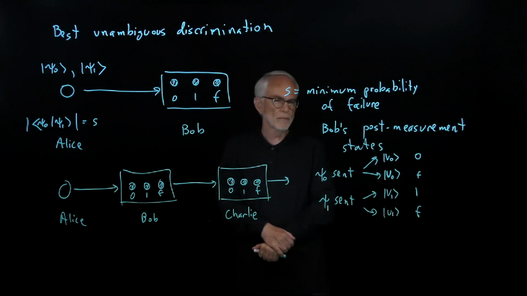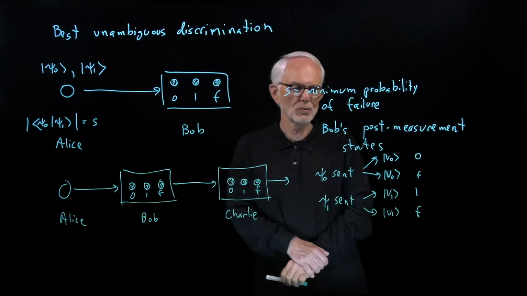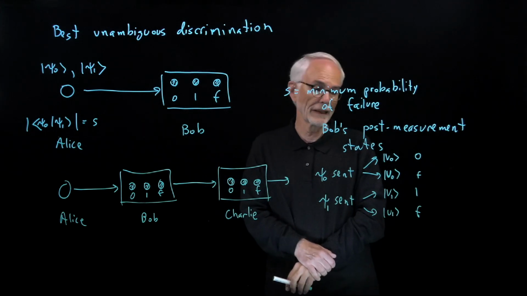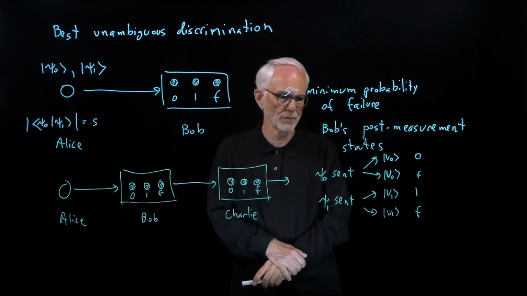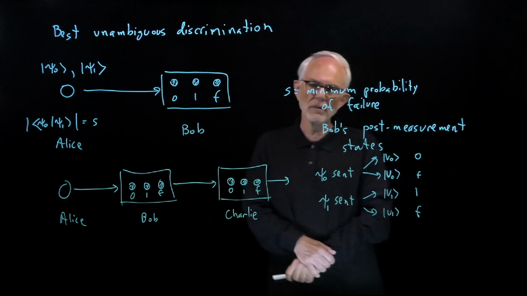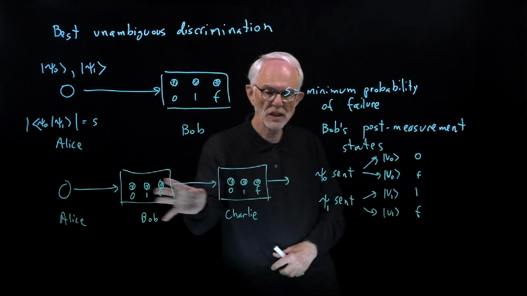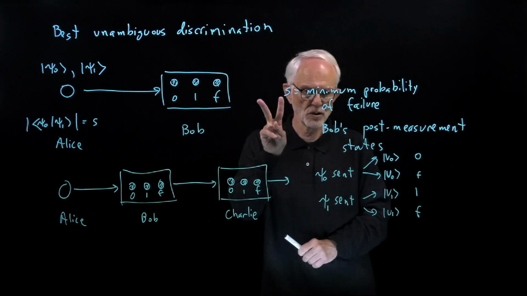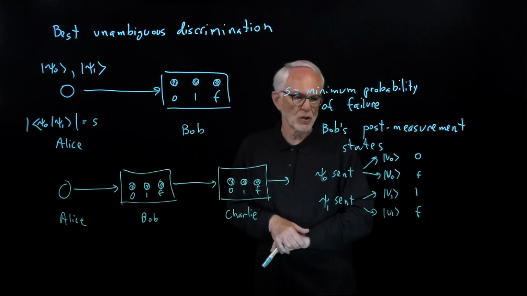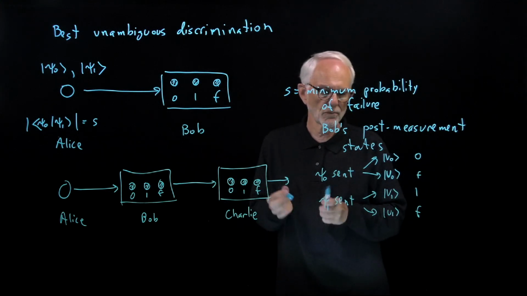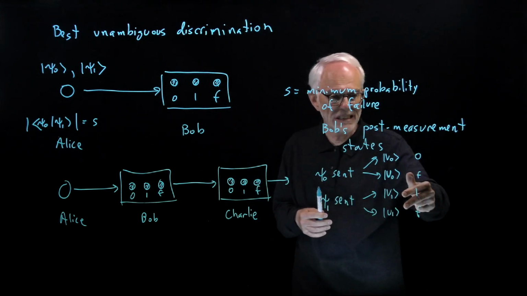Now, it's a property of unambiguous state discrimination that the states that you're discriminating have to be linearly independent. That's a general theorem about unambiguous state discrimination. And we've got a little bit of a problem here, because what's being sent to Charlie is a qubit. That has dimension 2. We were looking at 4 possible states. So for this to work, we need that these 2 states are the same and these 2 states are the same.